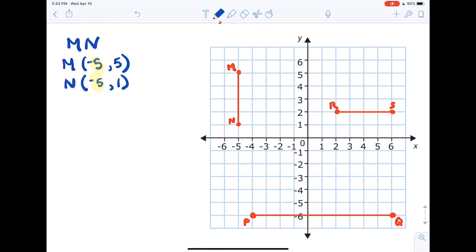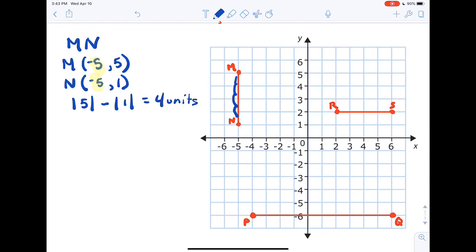They're just a little bit apart from each other, and so I can think, oh, I know what to do there. I just take the absolute value of one and subtract it from the other. So absolute value of 5 minus the absolute value of 1 is 4 units. And I can check that over here. 1, 2, 3, 4. Oh, I'm right.